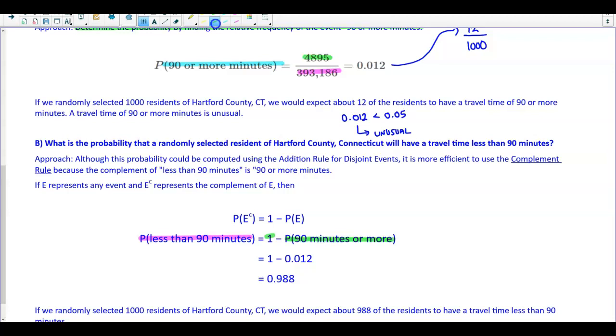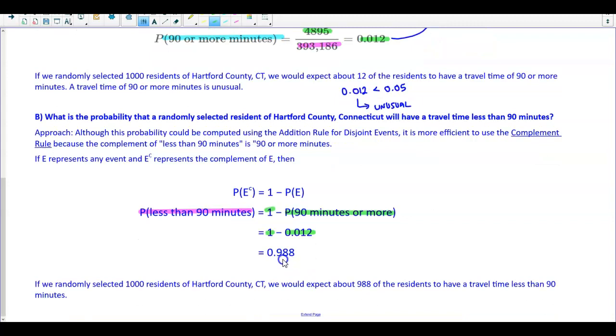So we're going to take 1 and then subtract the probability that we got for 90 minutes or more. Well, we saw that in our example here. We saw that we got 0.012. So if we take 1 and subtract 0.012, we would get the probability of 0.988.